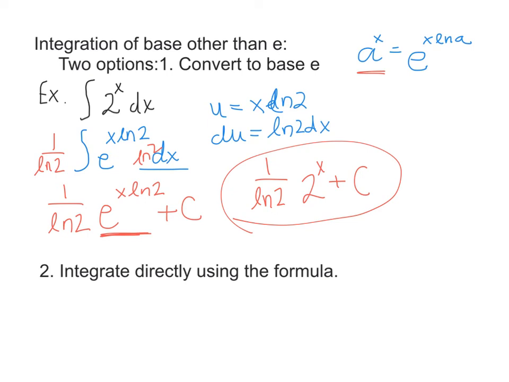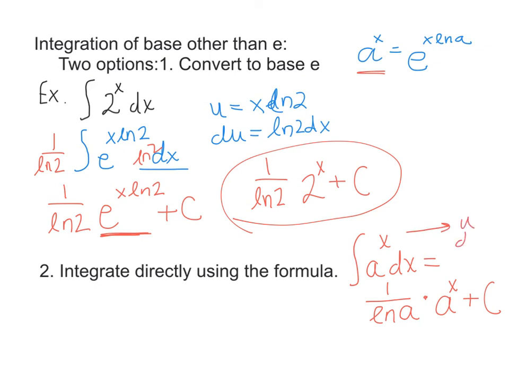So what we're going to do instead is use the formula, which is basically the integral of a to the x dx is 1 over the natural log of a, as you can see by the pattern there, times a to the x plus c. And then the only difference to that is making sure that your u is satisfied.